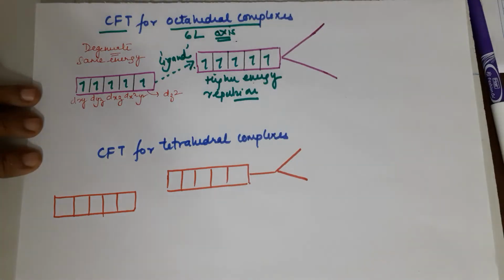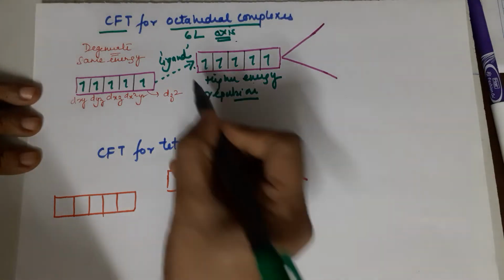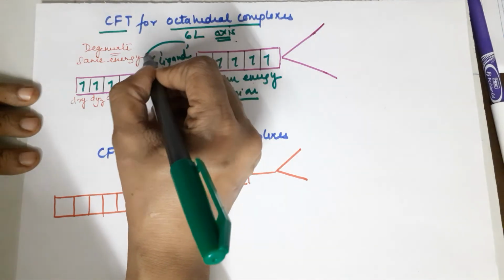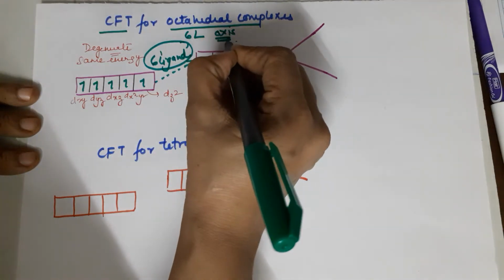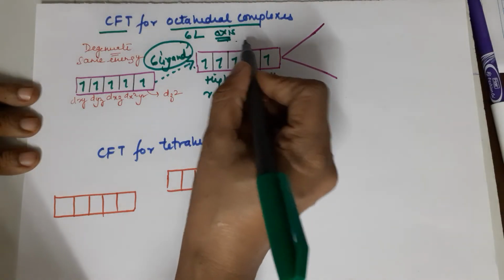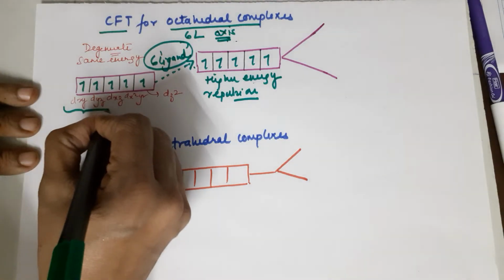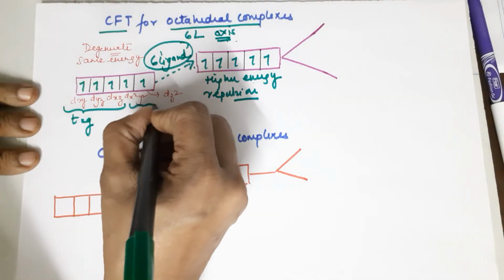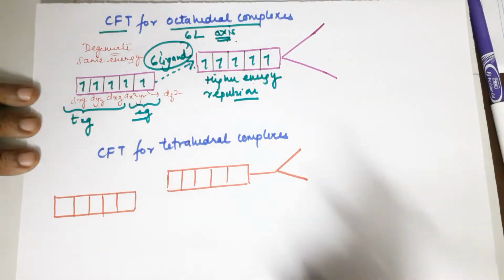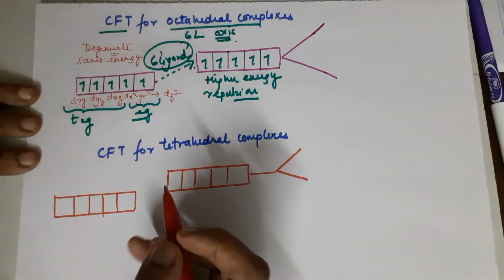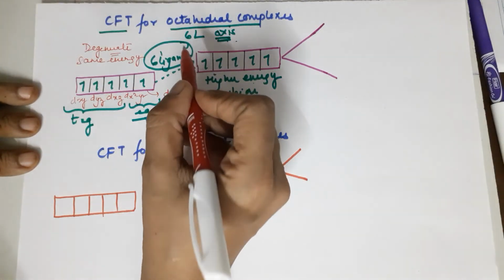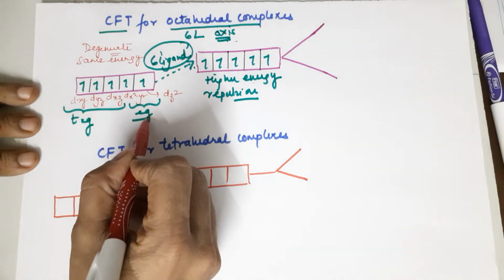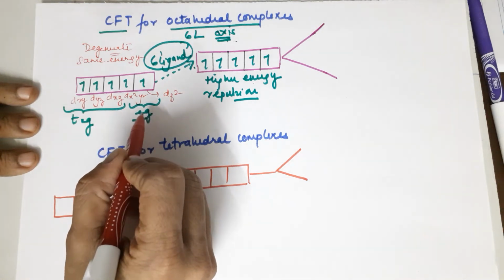Now as the ligand approaches further, the ligand is moving much closer. How many ligands are approaching? 6 ligands. Where are they approaching? On the axis. These 3 are the T2g orbitals. These 2 are the Eg orbitals. Now in this case, if the ligands are 6 and they are approaching on the axis, which out of these 2 will be more repelled? These, which means their energy will increase.